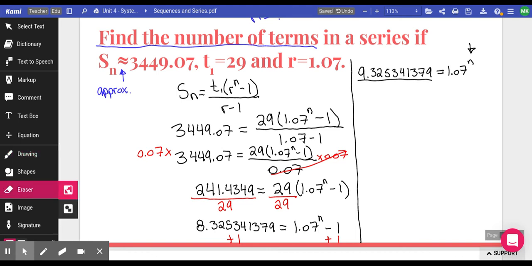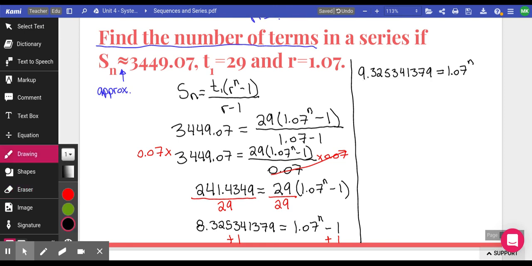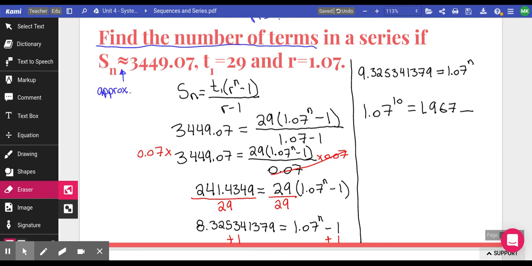So let's try a number, like 1.07 to the power of 10. If we calculate 1.07 to the power of 10, I get 1.967, and so on. Sorry, my computer is very glitchy right now.